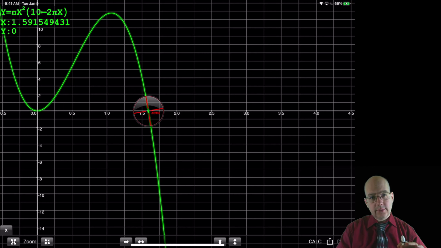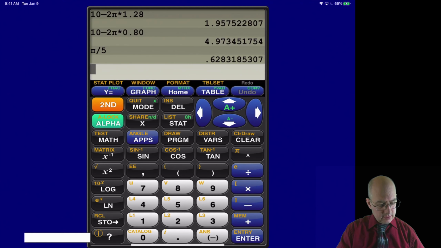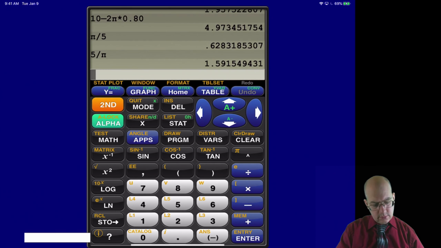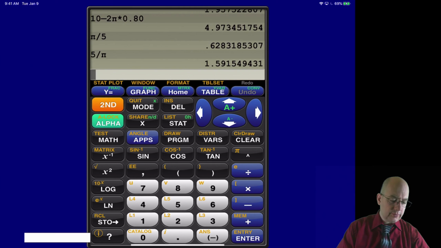So that's the 4 pi r equals 20. All right, so 20 divided by 4 is 5. And then 5 divided by pi, I guess. There you go, 1.59.